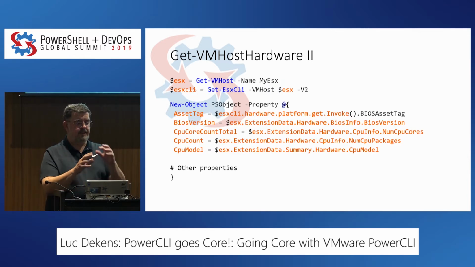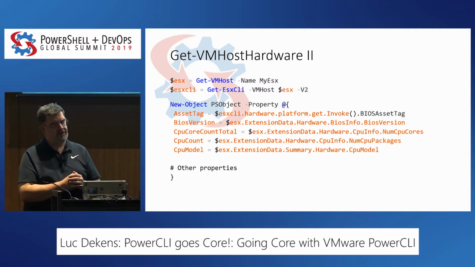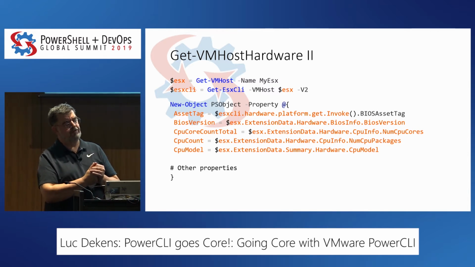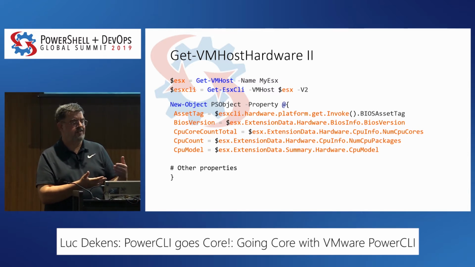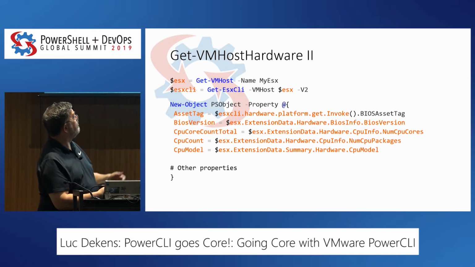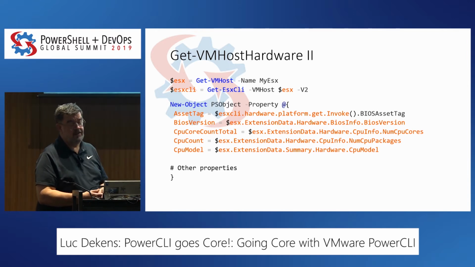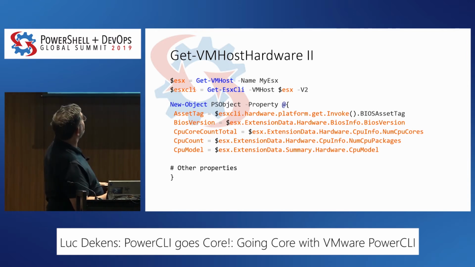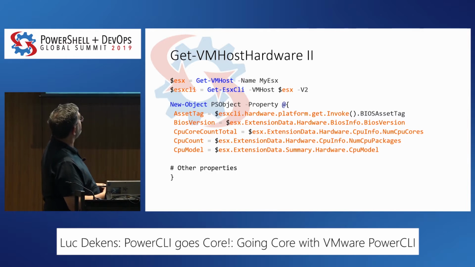This is a small summary of the function I wrote to return the same data that the Get-VMHostHardware commandlet returns. As you can see, most of that is available through the extension data or through the Get-EsxCli commandlet.